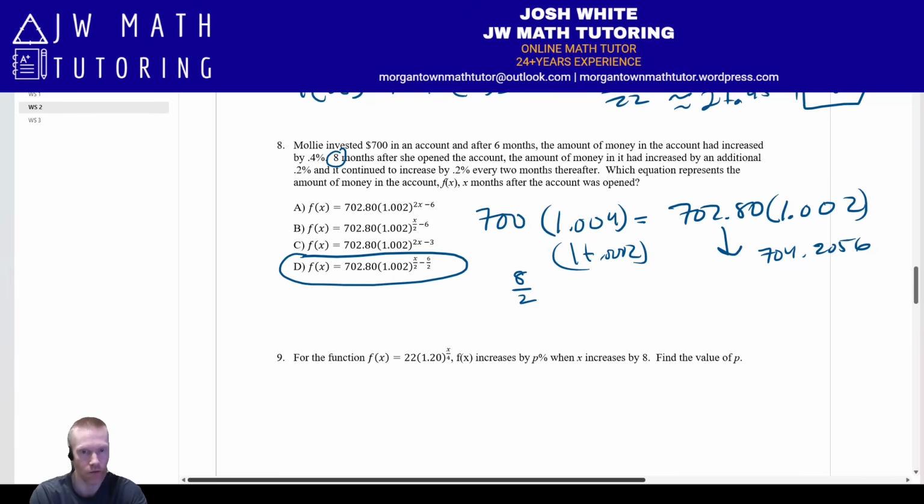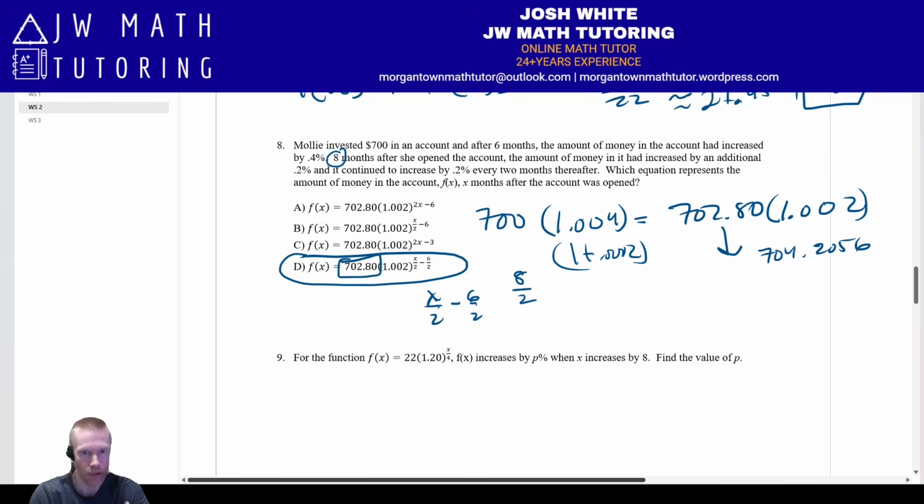In other words, you want 1.002 to be raised to just 1. So the way you account for that is you have the x over 2, which is the number of months divided by 2 because it's every 2 months, but the minus 6 over 2 is subtracting the original 6-month period where you already factored it into the starting amount out here.